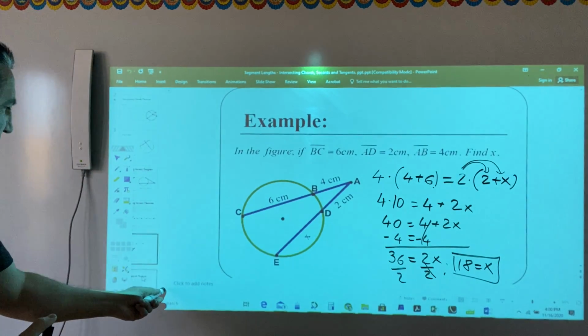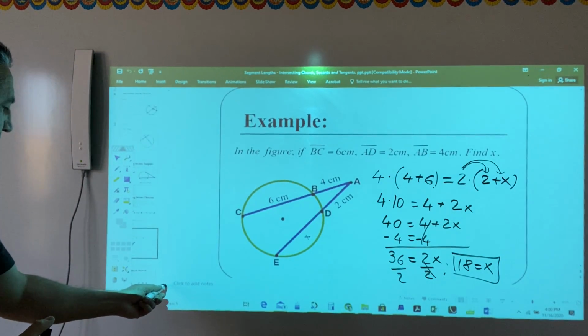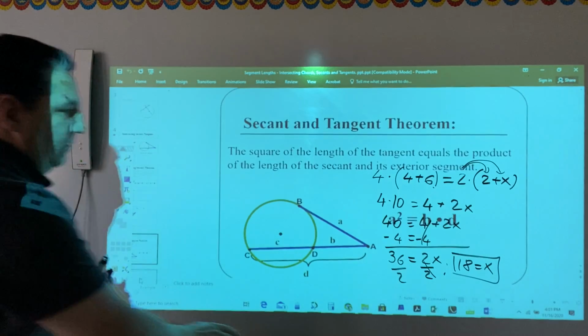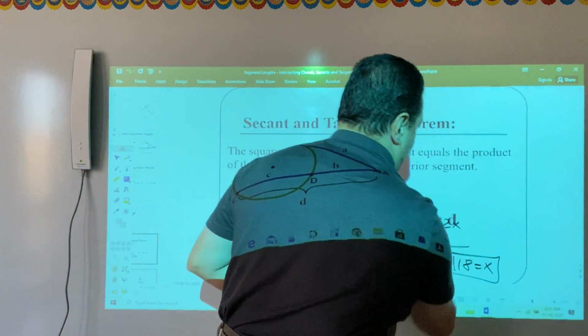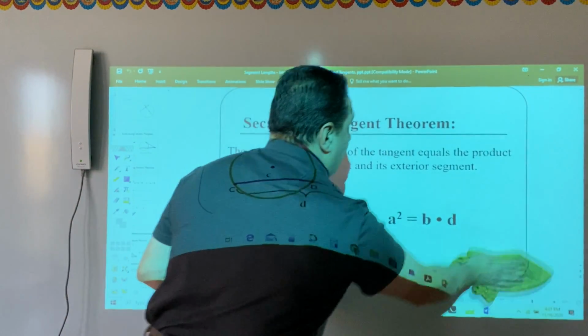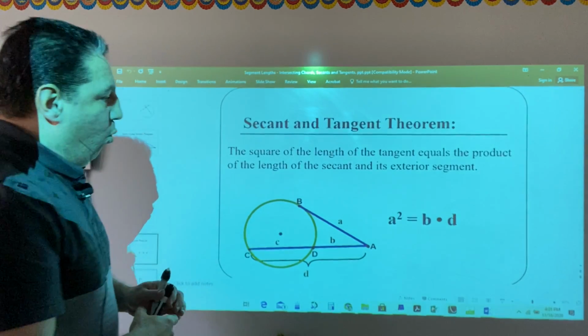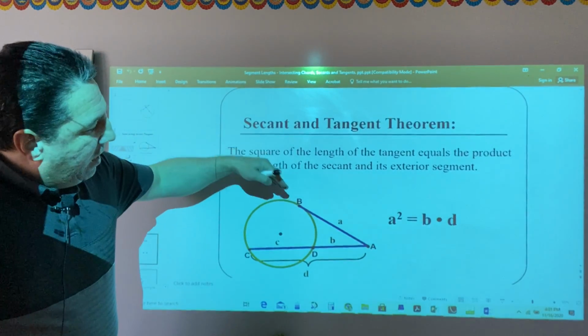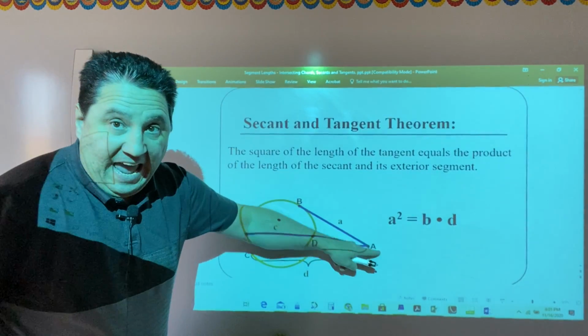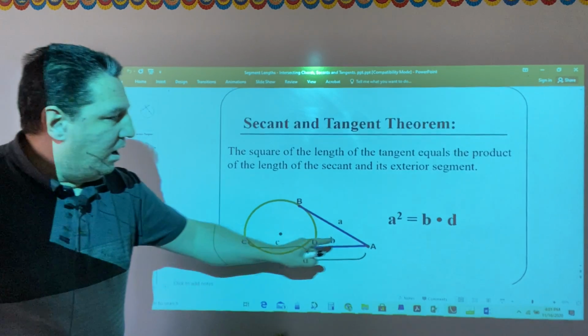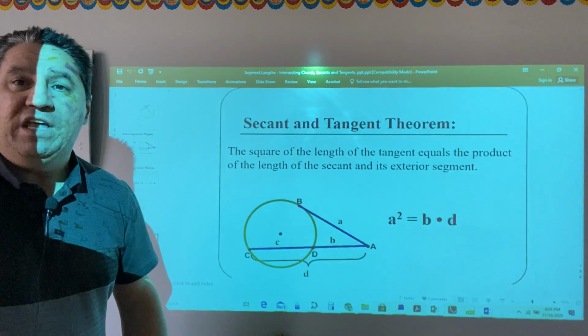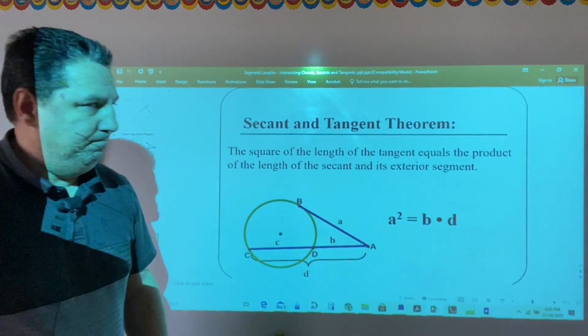Now, another case of intersection is when a tangent and a secant are intersecting at a point outside the circle.